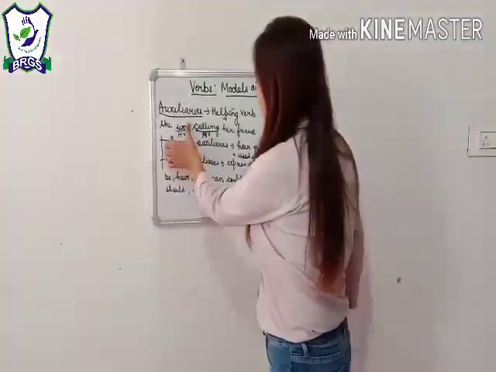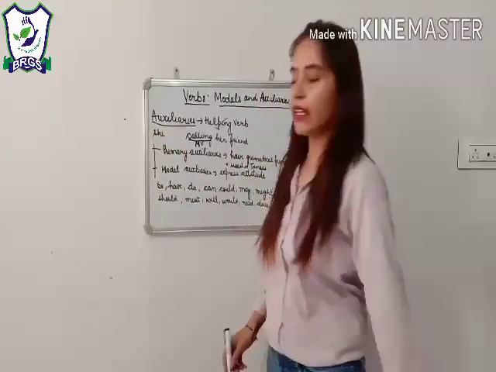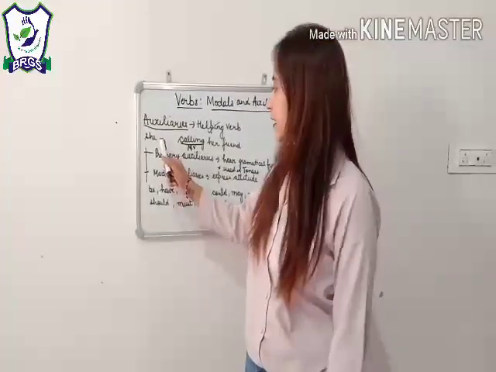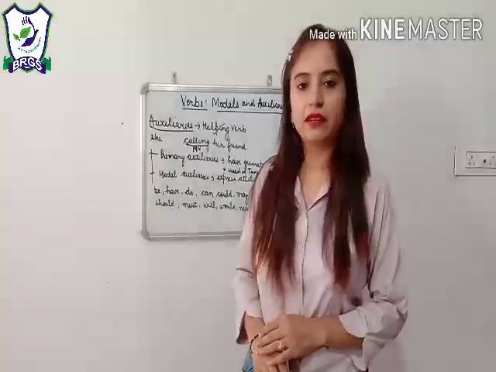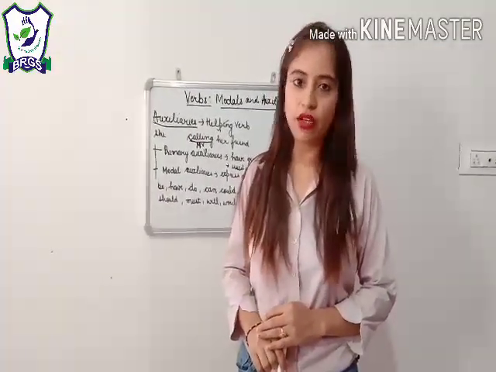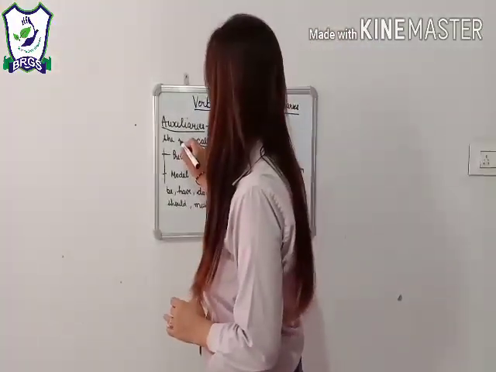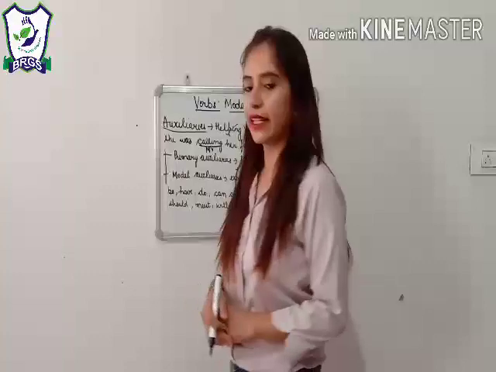Suppose we do not put any helping verb here, then how would you read this sentence? She calling her friend. Does this sentence make sense? Certainly not. It does not make any sense. So we have to put our helping verb back in the sentence.